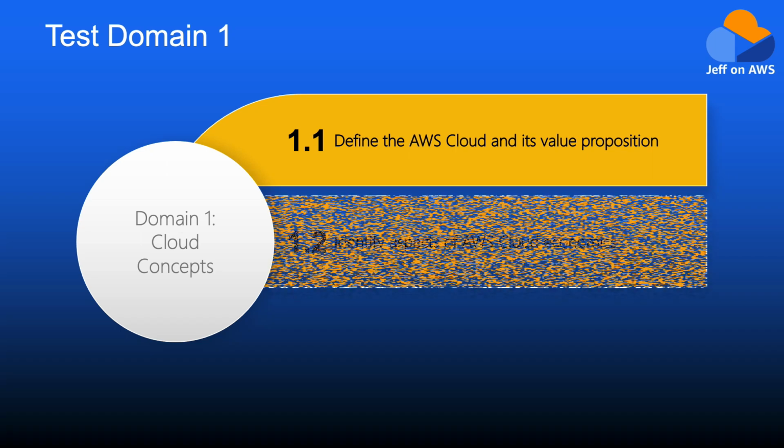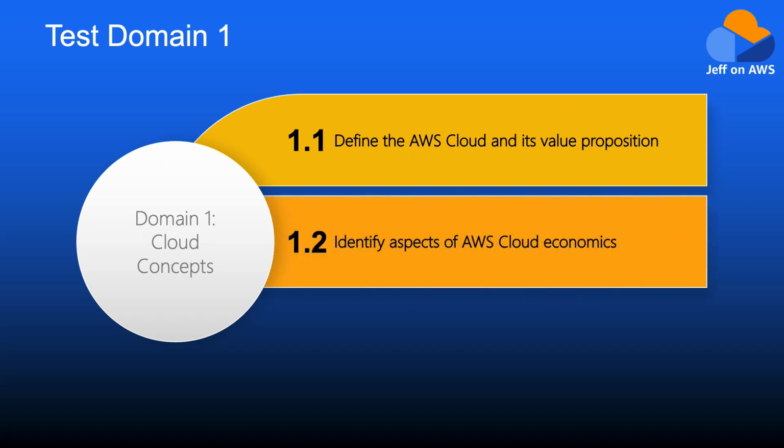The second part that you're going to talk about is identifying aspects of the AWS cloud economics that it brings to customers. For instance, what items would be part of a TCO, a total cost of ownership proposal? You're going to understand things like operating expenses or OPEX and how that compares to capital expenses, also called CAPEX.